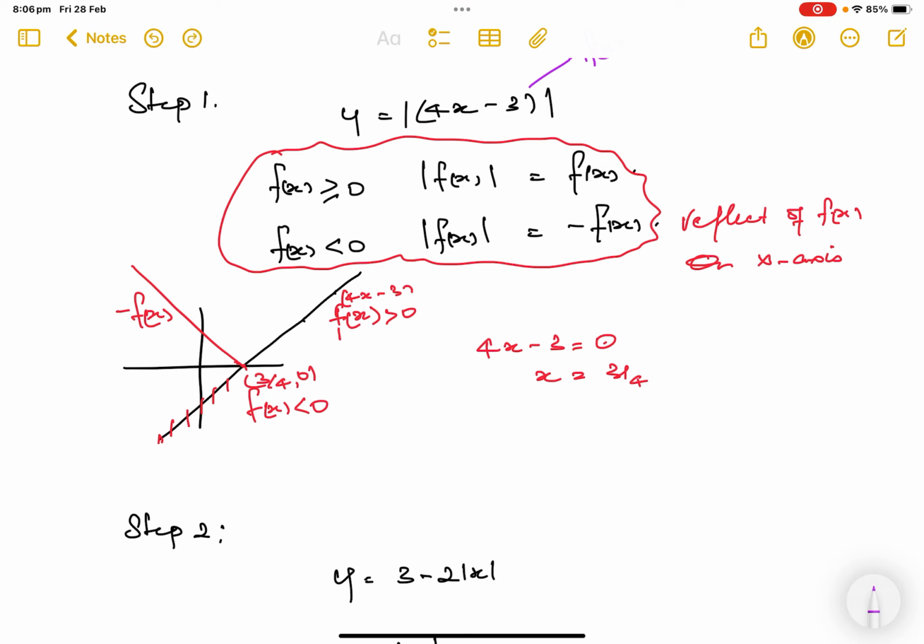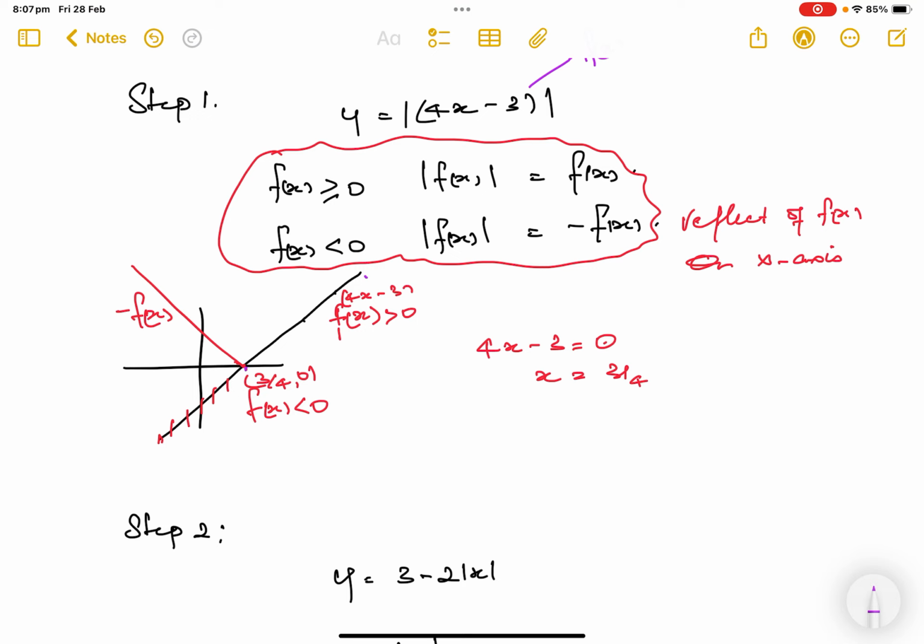But the actual property of the curve is, where f(x) is greater than 0, the modulus of f(x) is f(x). So it just is from there to there. But anything below the x-axis will be reflected to the positive side.